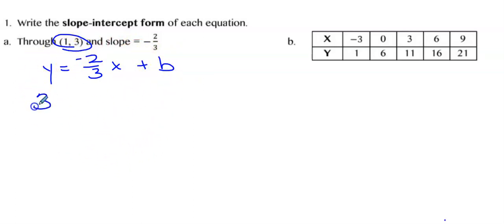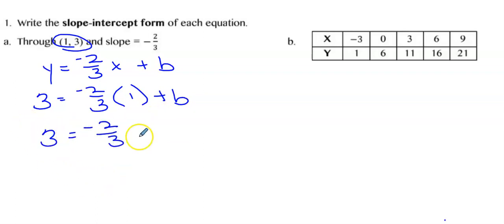So let's plug in a 3 here, and then a 1 for x. And so let's see, that would be 3 equals negative 2/3 plus b. Well, if I convert 3 to a fraction that has 3 as the denominator, that's going to be 9/3.